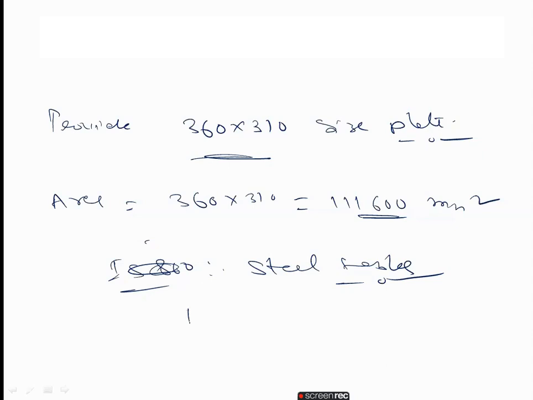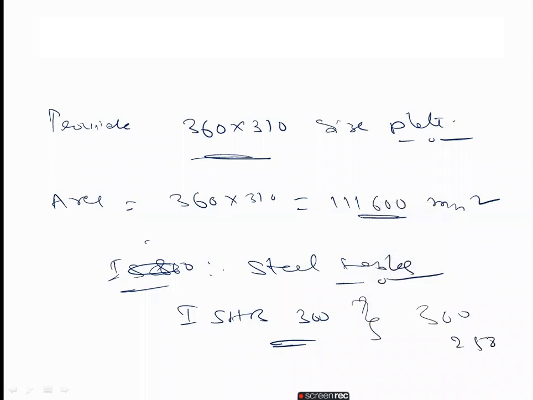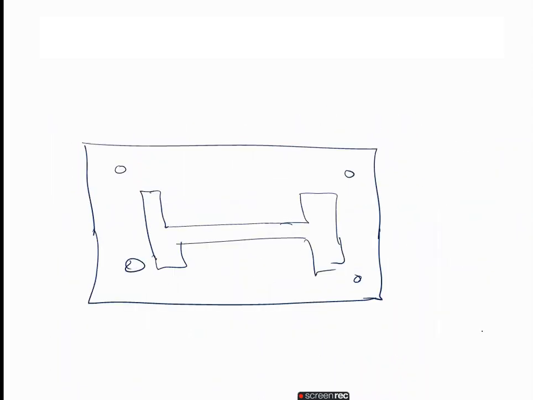So in the steel table, open ISHB 300. Please check the width of the flange and the depth of the section, which are around 250 and 300. The width and depth, see here. Yes, this one is given as 300. If you open the table, it is available. It is 250. So definitely our base plate is larger than these two values, and also equal to our area.